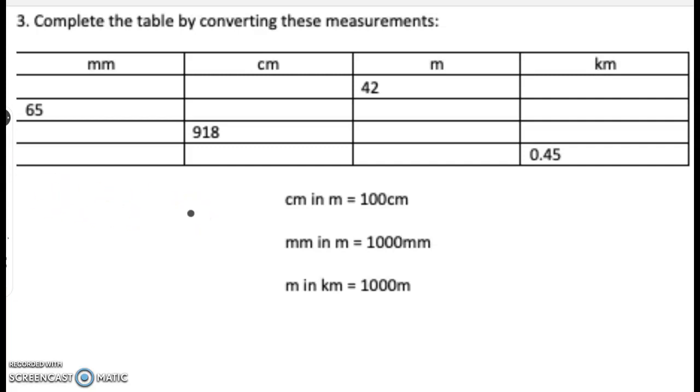Good. So the answers are, in millimeters, it's 42,000. And for centimeters, it's 4,200.